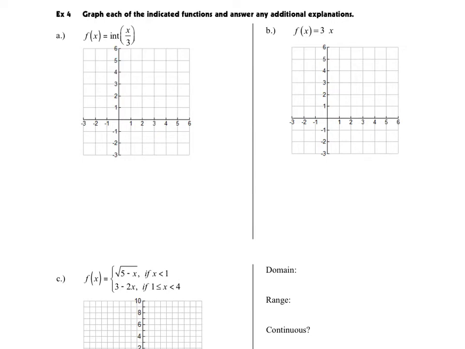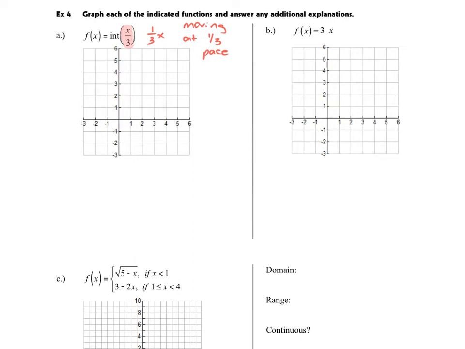We can see that this function is a greatest integer function that has a horizontal stretch or compression, and what we want to think to ourselves is the fact that this can be written as 1/3 x, which means that it's moving at 1/3 the pace, meaning it's going to take 3 times as long to complete its cycle.